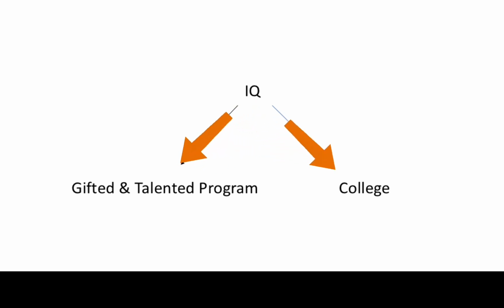So the possibility of confounding variables is endless. Here's a more sociological example. How about family income? It can explain the correlation between gifted and talented programs and college attendance. In this case, gifted and talented programs are only correlated with college attendance because of a high family income.